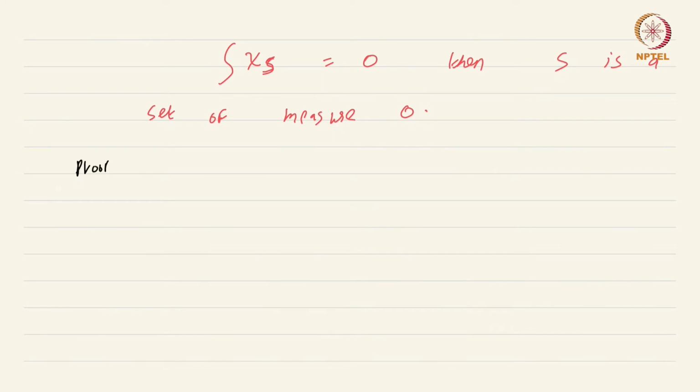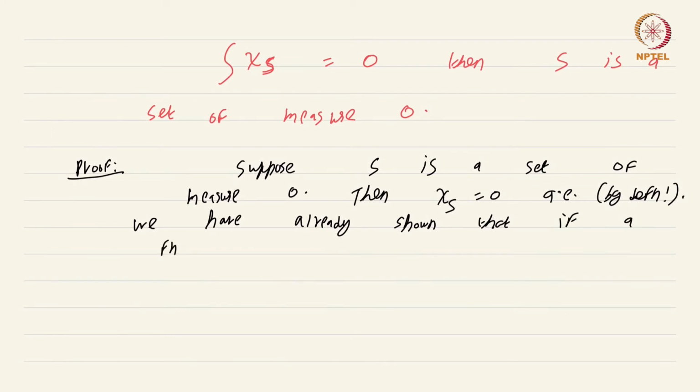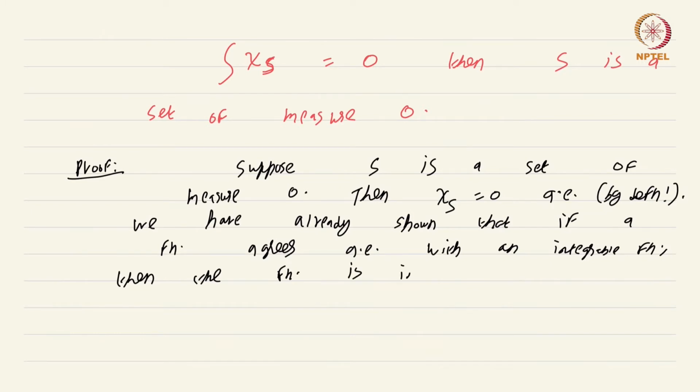Okay, let's prove both parts. Proof: suppose S is a set of measure 0. Then chi S is 0 almost everywhere. This is just by definition. The function chi S is 0 almost everywhere. We have already shown that if a function agrees almost everywhere with an integrable function, then the function is integrable and the integral values agree.